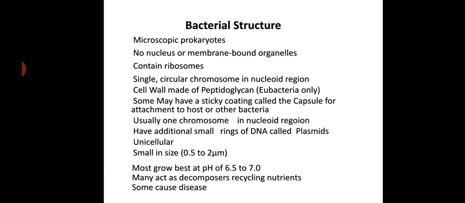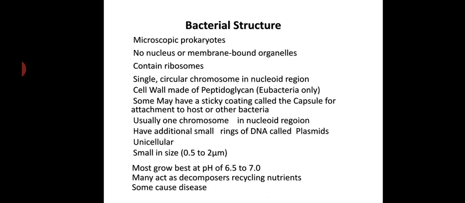Some may have a sticky coating called a capsule for attachment to a host or other bacteria. Usually one chromosome is present in the nuclear region. Bacteria have an additional small ring of DNA called a plasmid.